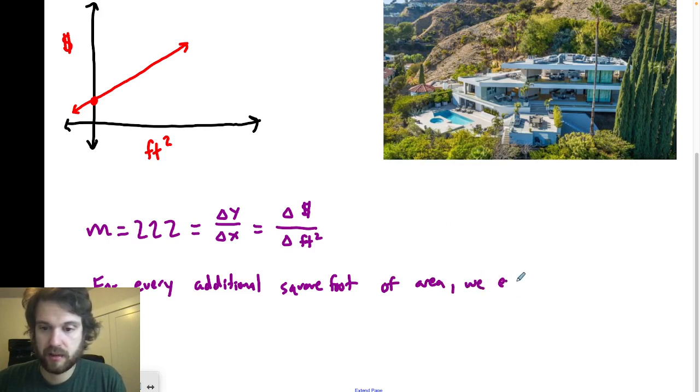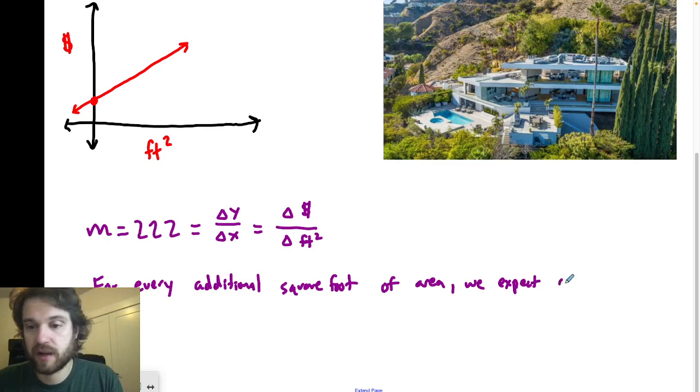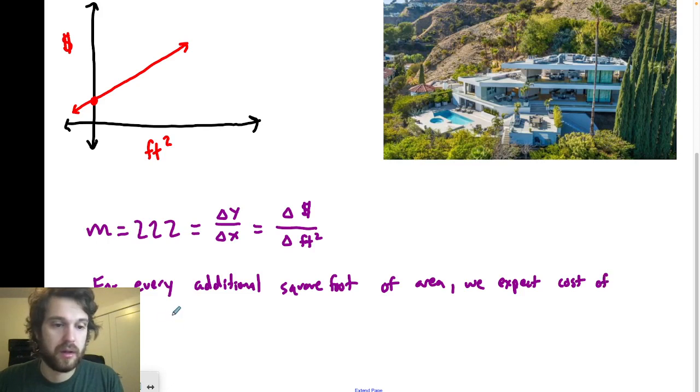We expect, and this should be every additional square foot of area in houses in North Pole, we expect the y, in context the cost of the house, and then we have to decide, is it increasing or decreasing?